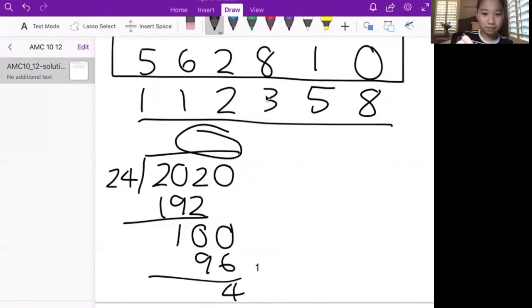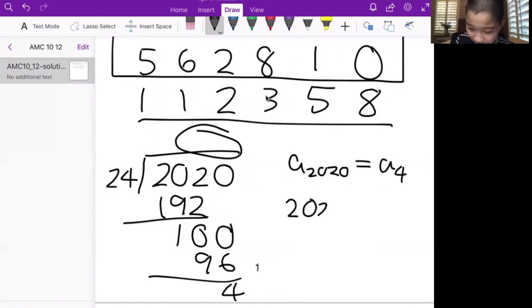So what does that mean? That means a to the 2020 is equal to a4, because 2020 divided by 24 has a remainder of 4. So 2020 is equal to something times 24 plus 4.